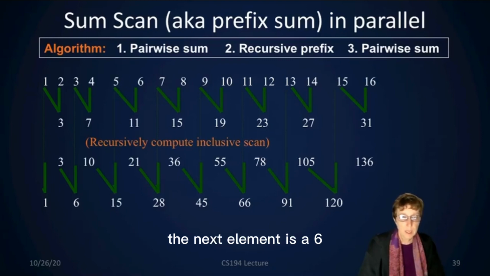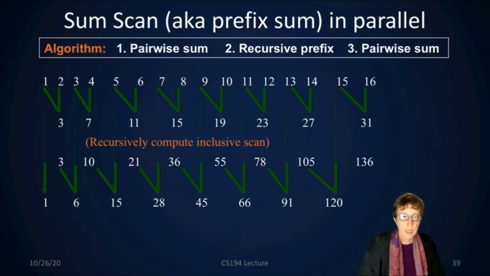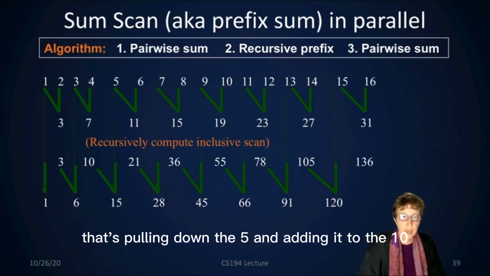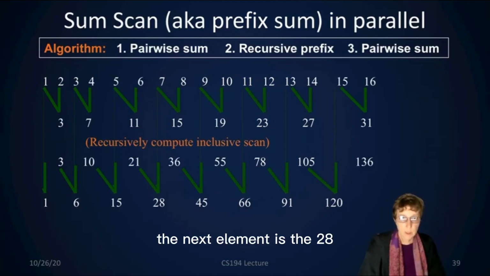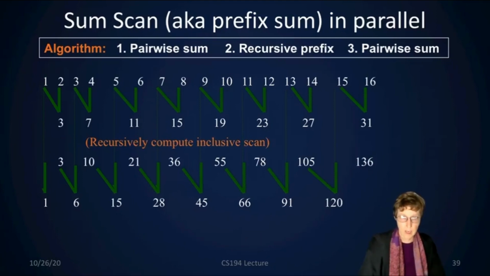The next element is a 6, which is the 3 plus the 3 that came out of the inclusive scan. The next element is a 15, pulling down the 5 and adding it to the 10. The next element is the 28, adding the 7 to the 21. 45 is adding the 36 to the 9, and so on all the way through.